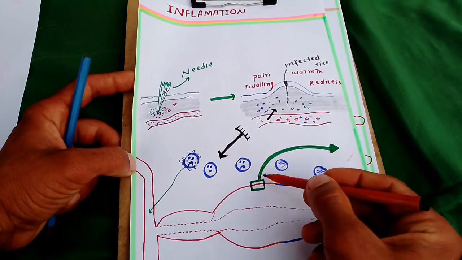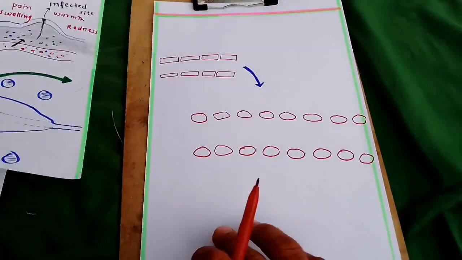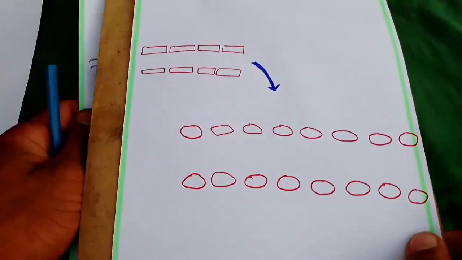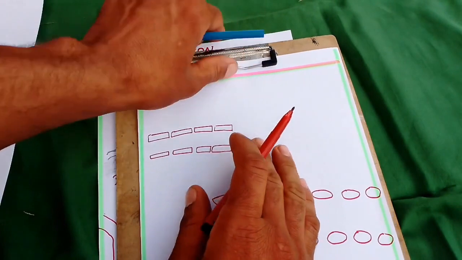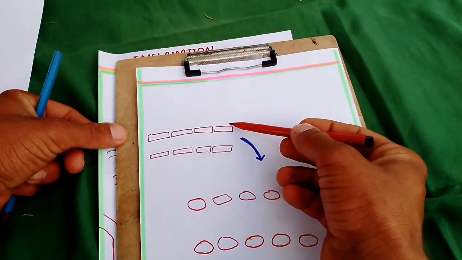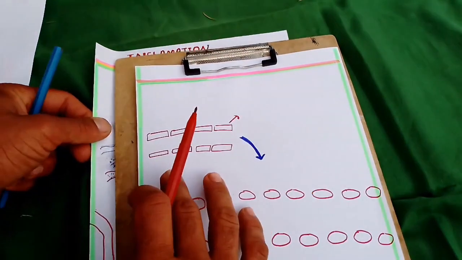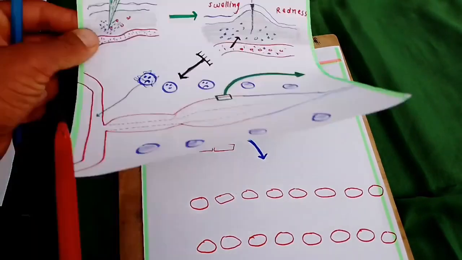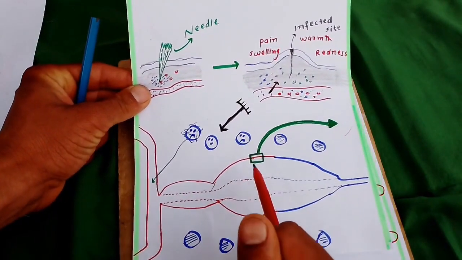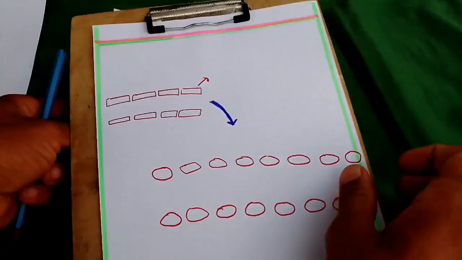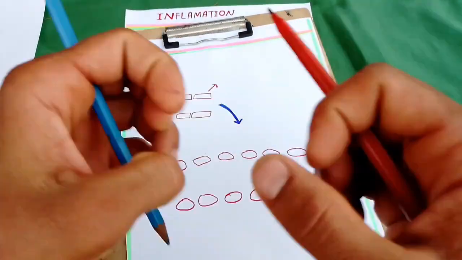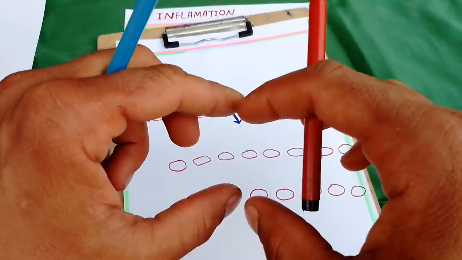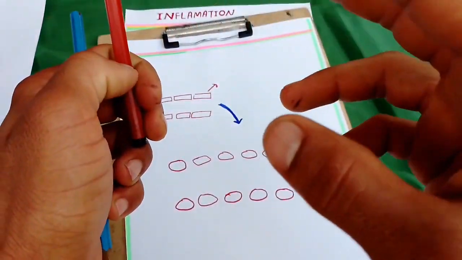I zoom in on this area only. What occurred? So this is the zoomed area, the cut area. Suppose this is the normal condition. When histamine is released, histamine comes and acts on this area. The function of histamine is to contract the endothelial cells.